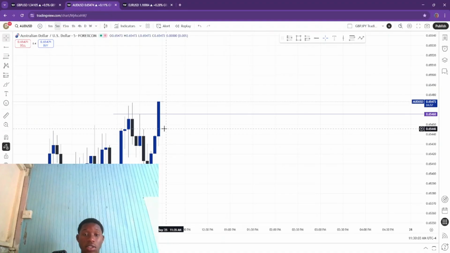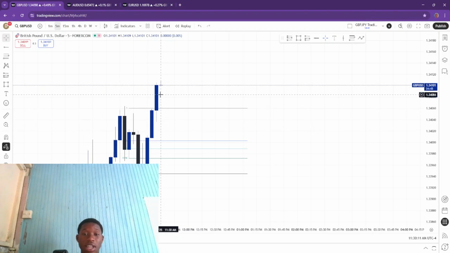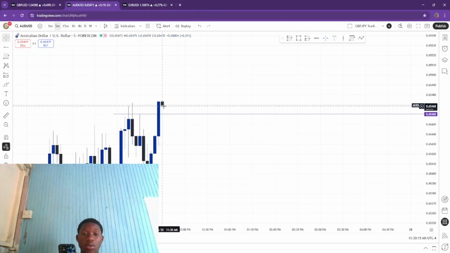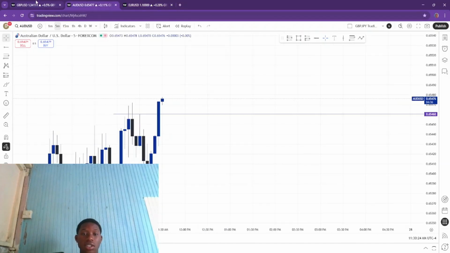Okay, AUD USD just break structure. So we literally we taking both of them trades. We just waiting for that candle to close in a downtrend. That's GBP USD and also AUD USD. We waiting for the same thing on both of them. Euro USD not a good trade because we see only one FVG.